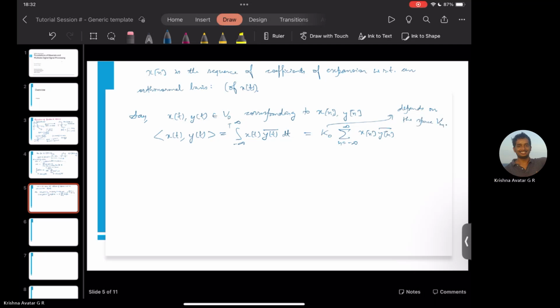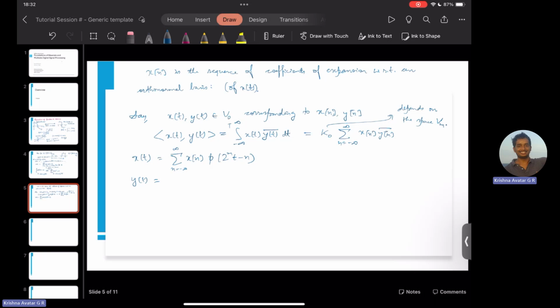And it so happens that k naught depends on the space Vm. Fine. At the outset, we said that x of t can be expressed as the sum over n from minus infinity to plus infinity of x of n phi of 2 to the power m t minus n.